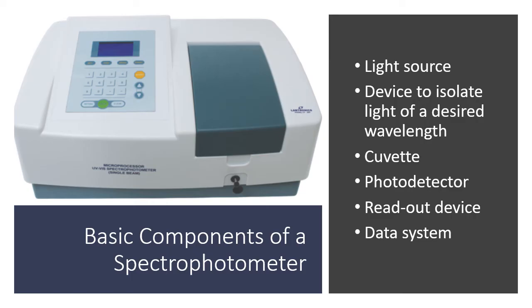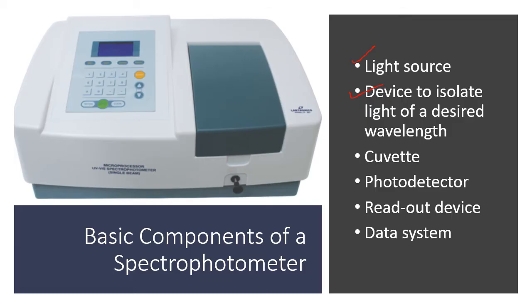Okay, now moving on to the device itself, let's try to discuss the basic components of a spectrophotometer. You have your light source, very important. You have a device to isolate the light of a desired wavelength. Now, kanina nabanggit na natin yung dalawa. We've mentioned gratings and filters.